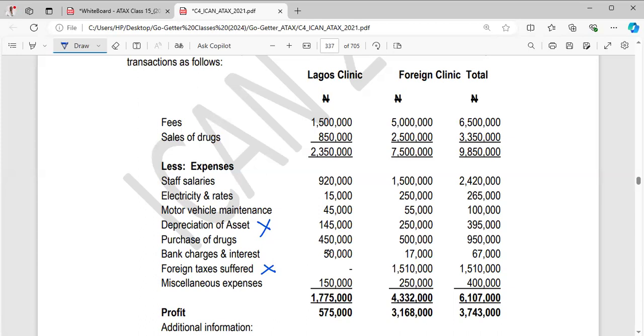We need to find out our total profit or assessable profit. We cannot know assessable profit if we do not add back our tax suffered. So that's why we are adding back the tax. It's not that the tax suffered is allowable.